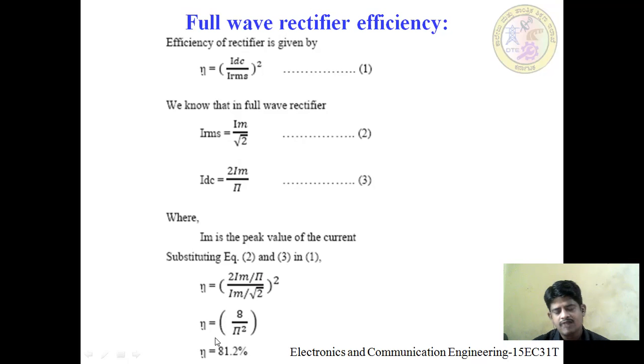So the total value is 8 by pi square, which is 0.812, or 81.2 percentage. This is the efficiency of the full wave rectifier. Just go through it.